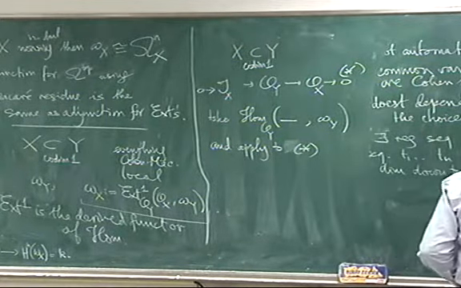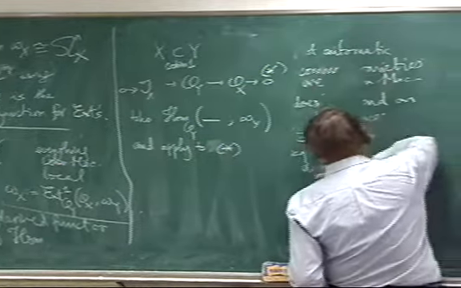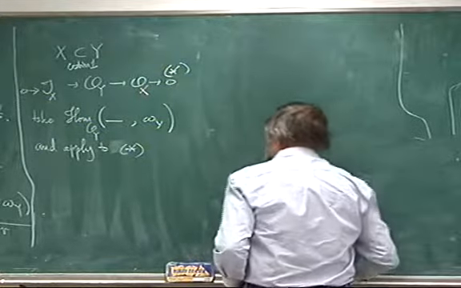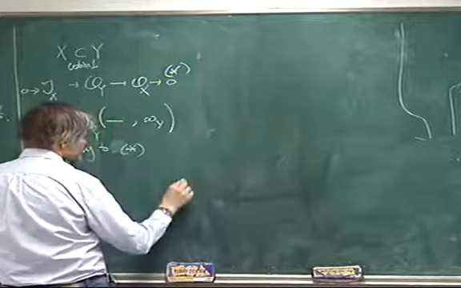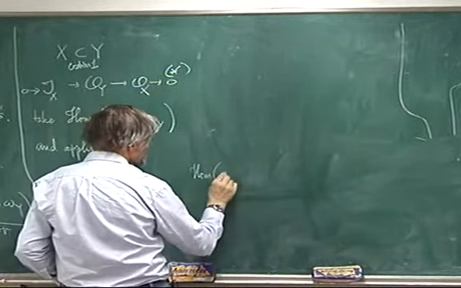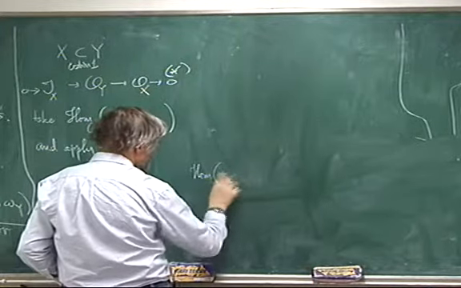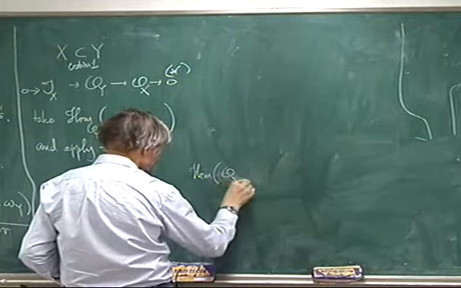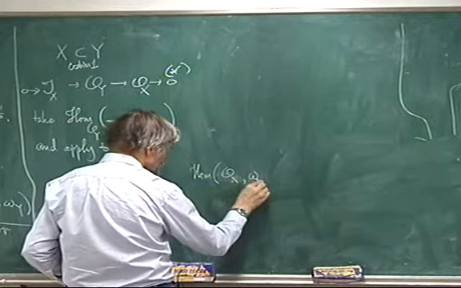If I'm Homming into something, then it's a contravariant functor. So what I have here is Hom of O_X into omega Y.